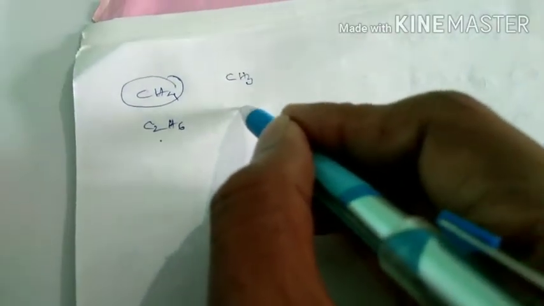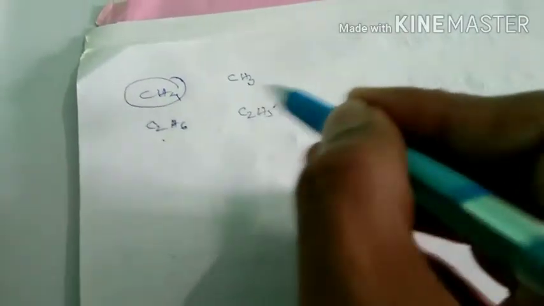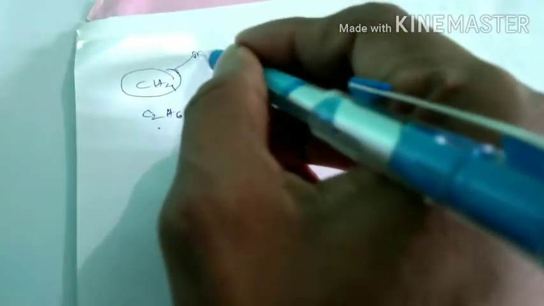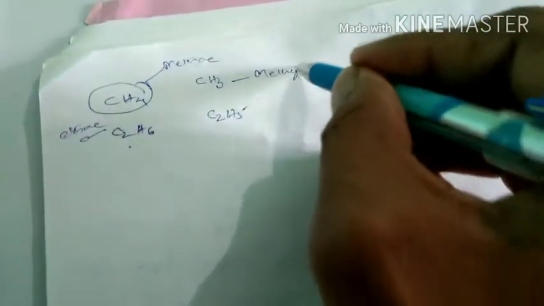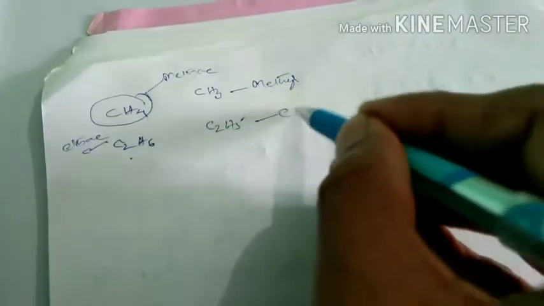In this case, if one hydrogen is removed, it becomes C2H5. Here this is called methane, and here this is called ethane. But CH3 is called methyl and C2H5 is called ethyl.